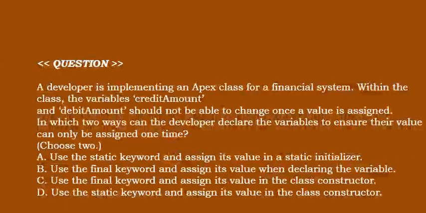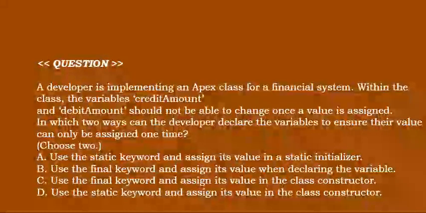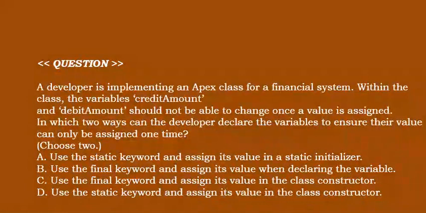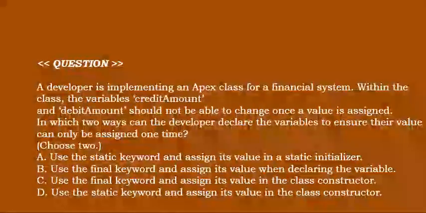Next question is, a developer is implementing an Apex class for a financial system. Within the class, the variables creditAmount and debitAmount should not be able to change once a value is assigned. In which two ways can the developer declare the variables to ensure their value can only be assigned one time? Choose two options.